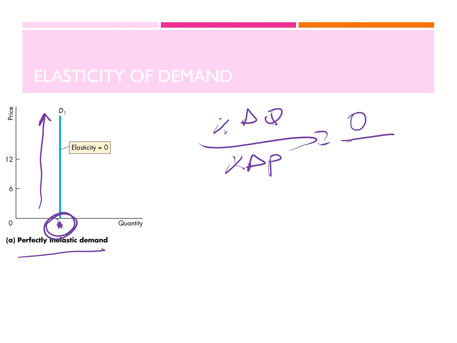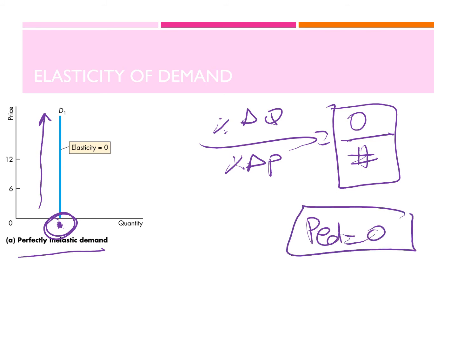So it would be 0 divided by the change in price. In math, 0 divided by any number is 0, so your PED would be 0. When you get an answer of 0, you would say you have a perfectly inelastic demand.